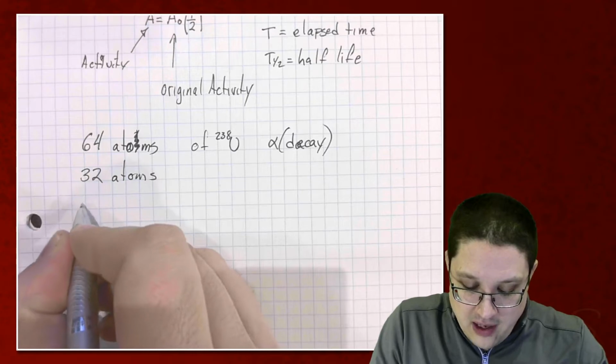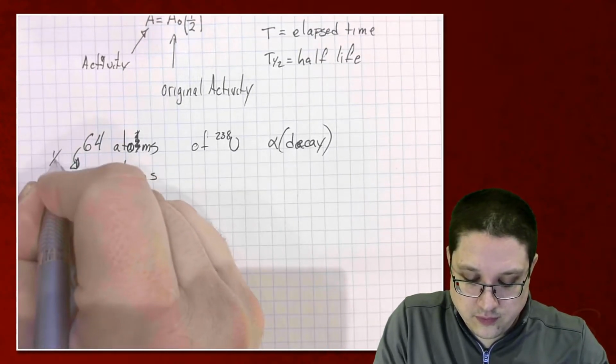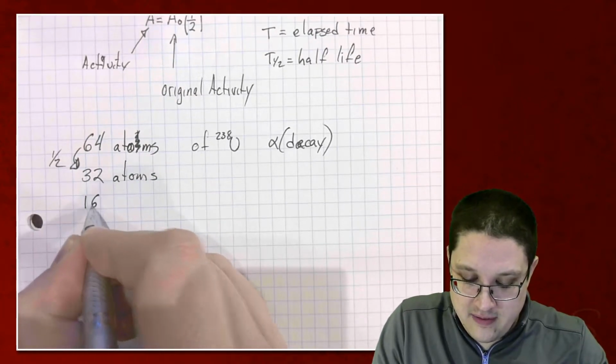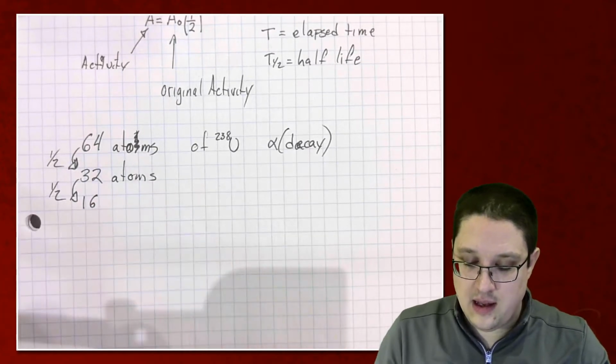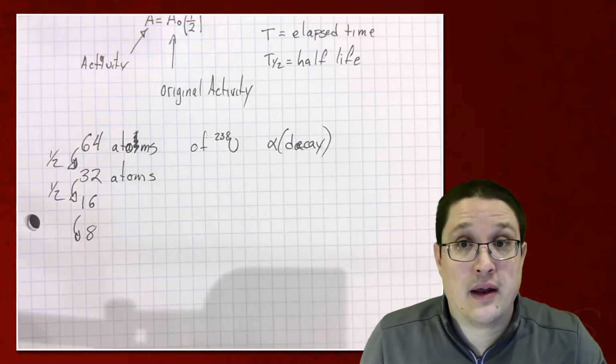After another half-life, we cut it in half again, so then I would have 16 remaining. And then I would cut that in half, and I would have 8 remaining.